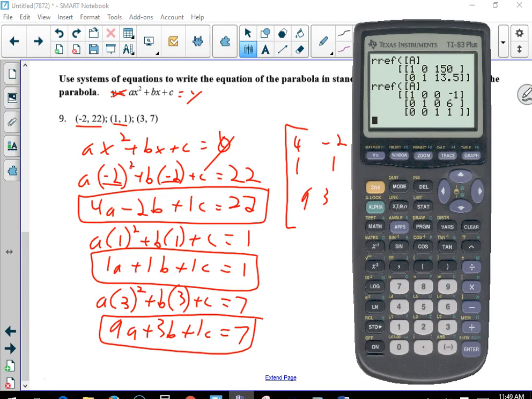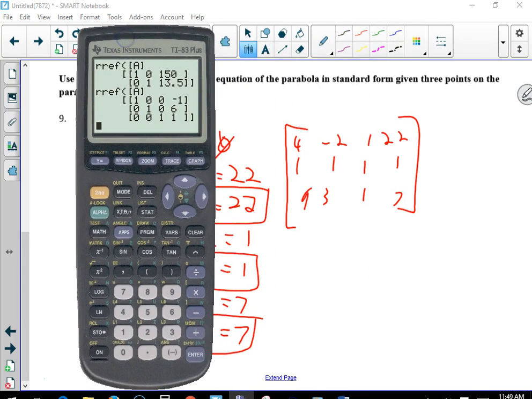Pull up my calculator. Go back into matrix. Go back over to edit. It's 3 by 4. So I put a 4, -2, 1, 22. And this is easy. 1, 1, 1, 1.